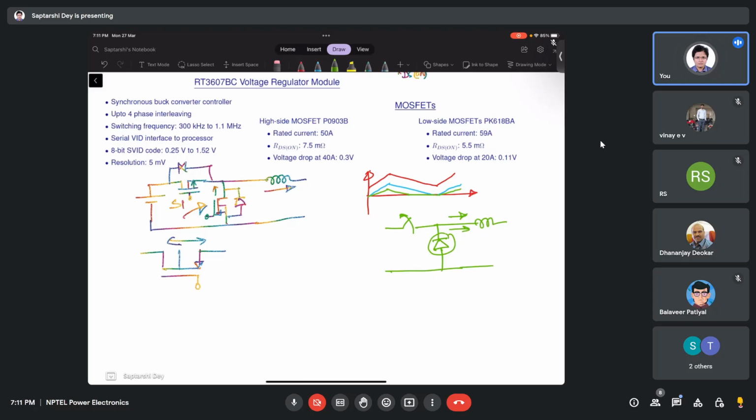It will not let any current flow the other way. But for a synchronous buck converter, we have switches in both cases, and both switches can allow currents in both directions. So what happens in a synchronous buck converter at DCM is that the current looks like this.